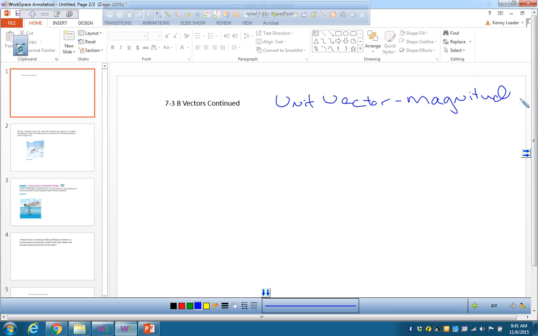The way that you can find a unit vector, a lot of times they'll just use u, and they'll say u is a unit vector, and a unit vector is equal to any vector divided by its magnitude, which is equal to 1 over the magnitude times the vector itself.